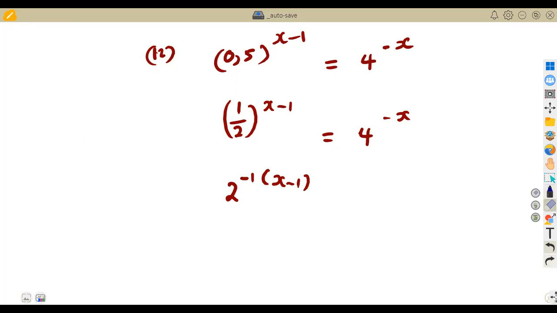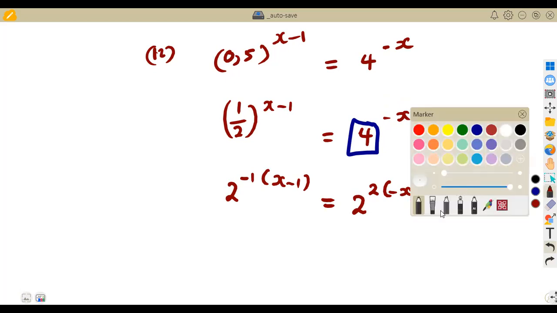What about this side? 4, can I write it as a number in base of 2? It's very possible. 4 is 2 to the exponent of 2, but already there's an exponent which is multiplying there, which is minus x.